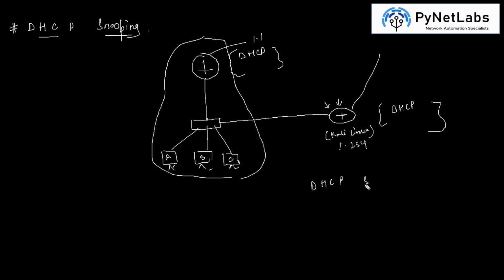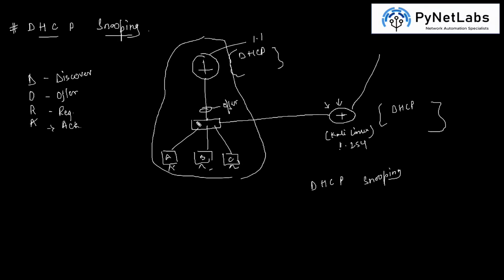So in such cases, we configure DHCP snooping, and we tell the switch that only this port is the trusted port for offer messages. So we all know that DHCP works with some messages which are discover, offer, request, then acknowledgement.